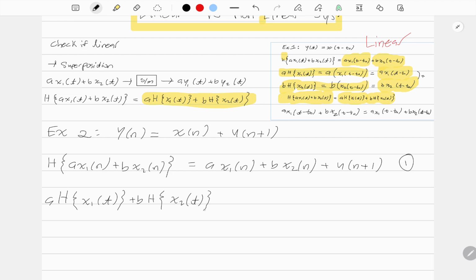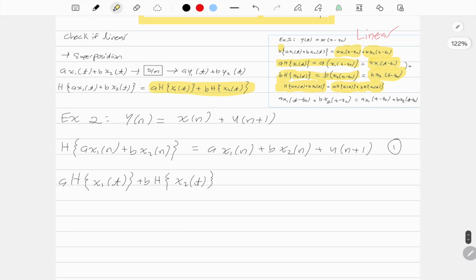So we're going to apply the system twice in this equation, but on two separate terms. The first term being this, and then there's an addition sign, and the next term being that.